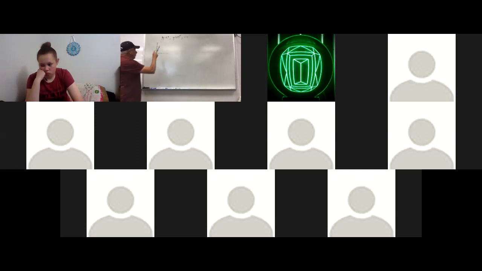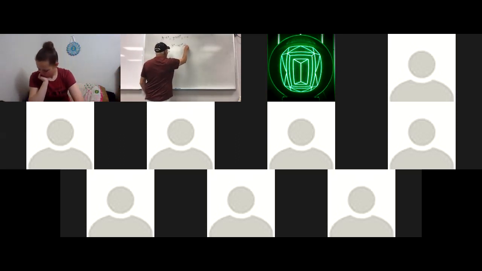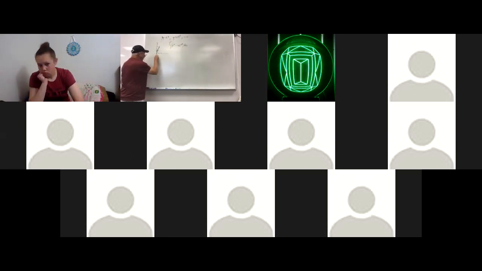See? So the top curve minus the bottom curve, that's the height of that rectangle. dx is the width of the rectangle. And we're going to go from 0 to 1. That's all the farther it went.